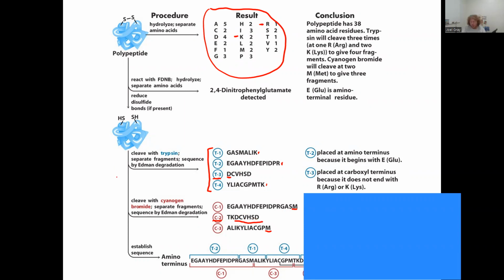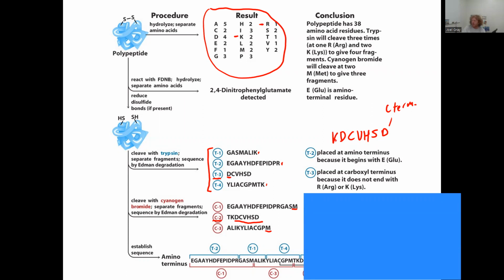And whenever we cut this polypeptide with trypsin, we concluded that DCVHSD was the end of our polypeptide. This was our C termini. So what are the amino acids that precede this?